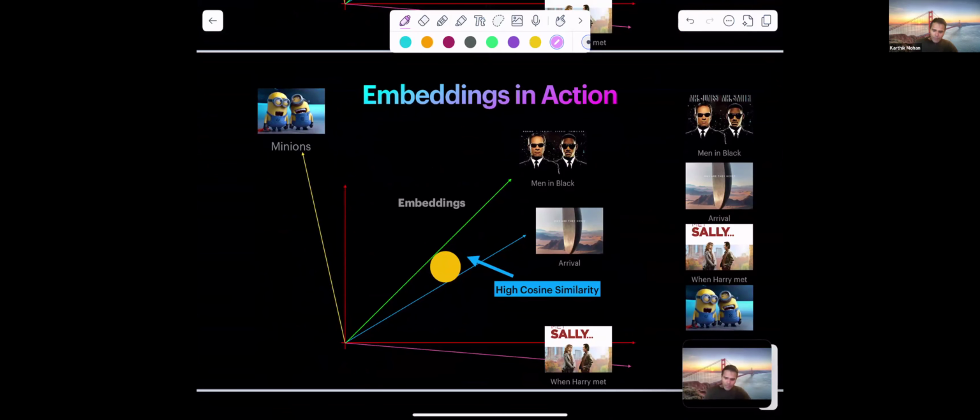All right. We also spoke about the idea that if Men in Black and Arrival are similar movies, their embeddings should be similar. Is there a metric that can capture that? Yes, the metric is cosine similarity. The higher the cosine similarity, the closer the two movies are to each other. Cosine similarity in this case is just the cosine of the angle between the vectors, right?